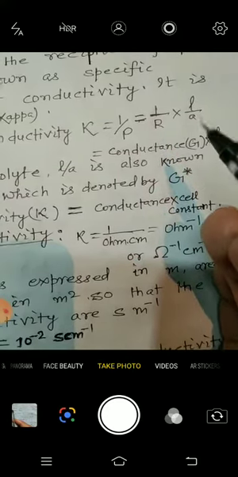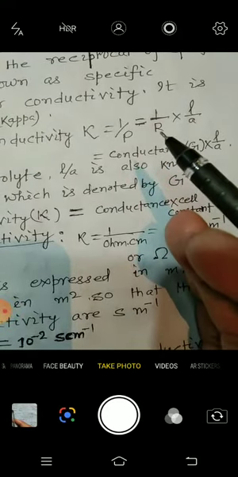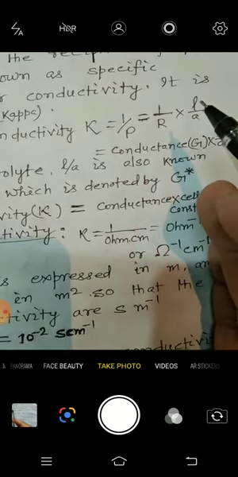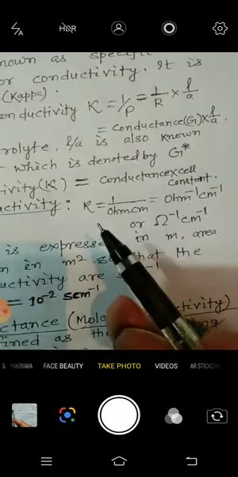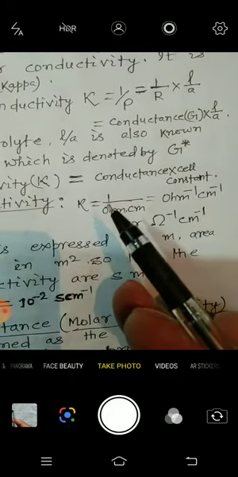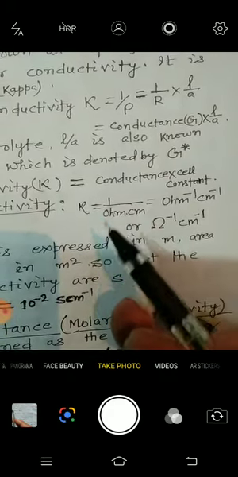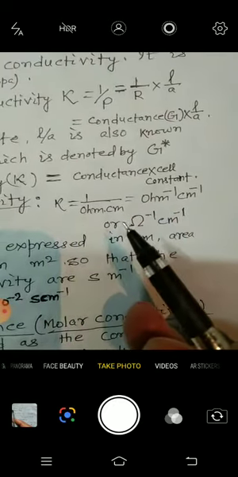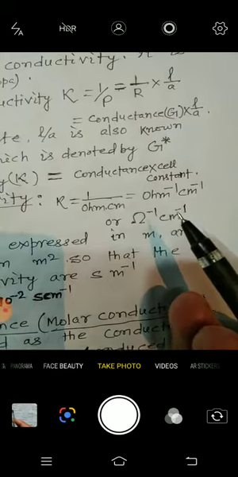Units of conductivity. When you put the unit of R, the unit of area, and the unit of length, you will get kappa equal to 1 by ohm cm, that is ohm inverse cm inverse. You can write it in short like this.